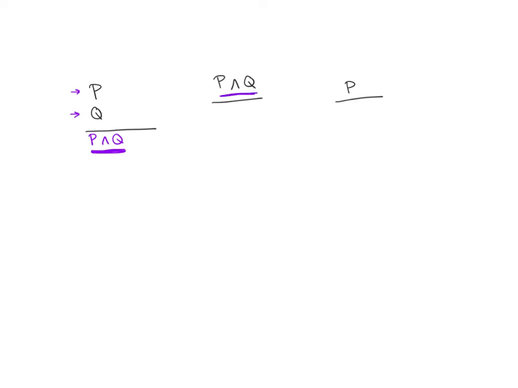If I know P and Q are both true, then I can deduce that P is true, because if they're both true, one must be true. And if I know that P is true, then I can deduce that P or Q is true, because I only need at least one to be true. These are the sorts of little things we'll use in proofs without really thinking.